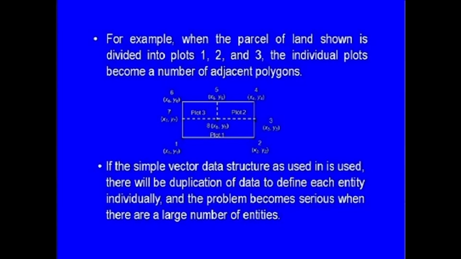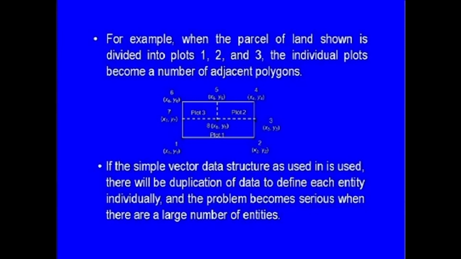Similarly, the midpoints of edges 1 and 6 are divided, and likewise the midpoint of 2 and 4, and these are joined by lines to form a configuration of 3 plots consisting of polygons. Plot 1 is 1, 2, 3 and 4, plot 2 consists of points 3, 4, 5 and 8, while plot 3 consists of points 8, 5, 6 and 7.